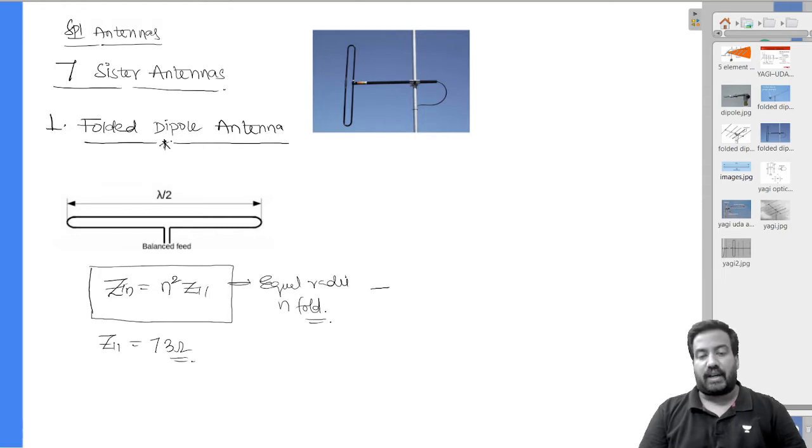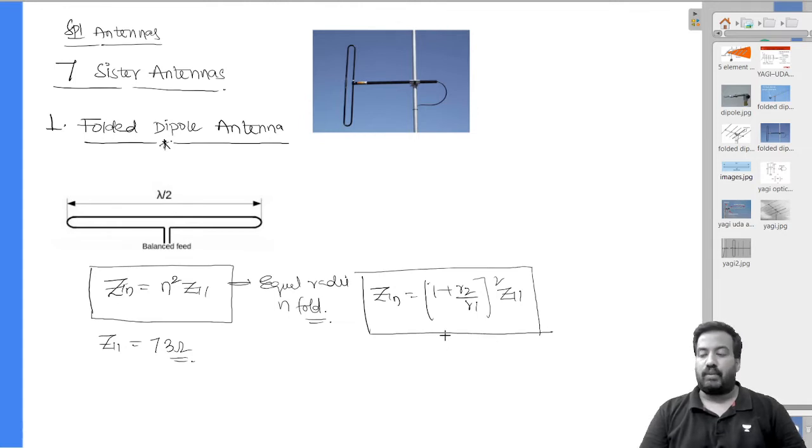If you take unequal radii, then the input impedance Zin is (1 plus R2 by R1) whole squared times Z11. If the spacing is also differing, then Zin is given by (1 plus log A by R1 by log A by R2) whole squared times Z11.